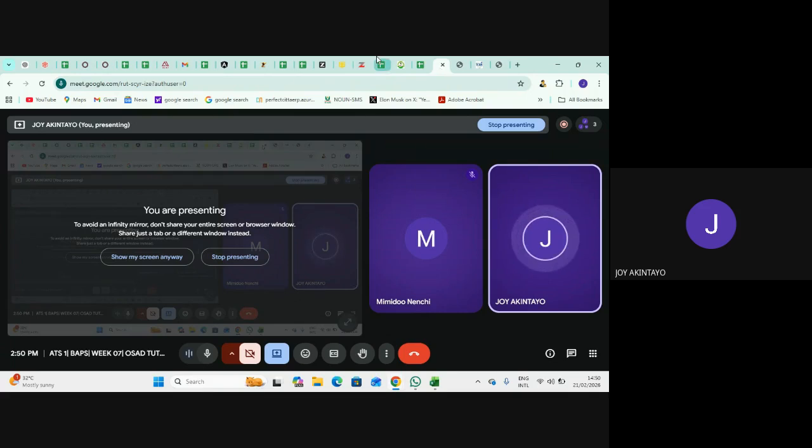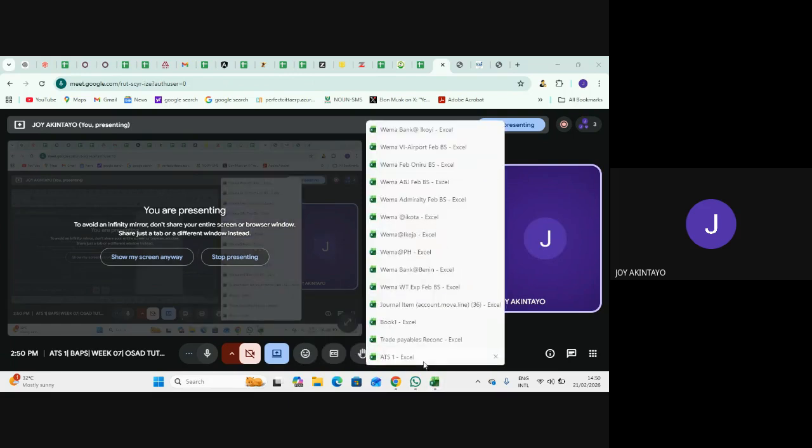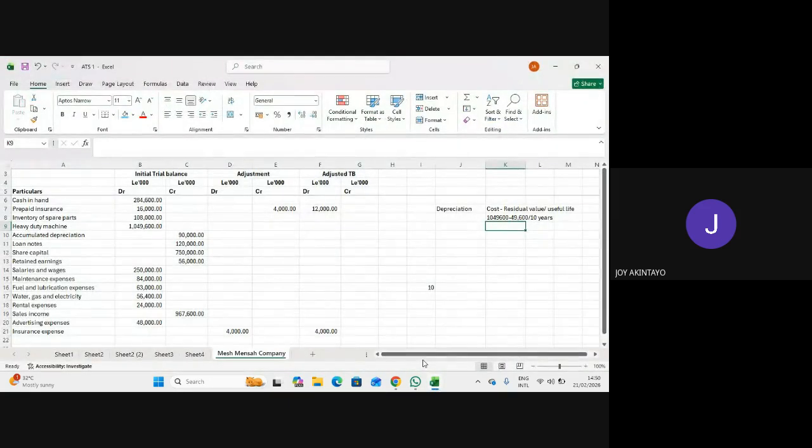Calculate it and give me your answer. I want you to use your calculator so that when you get to your exam hall, you'll be used to it.